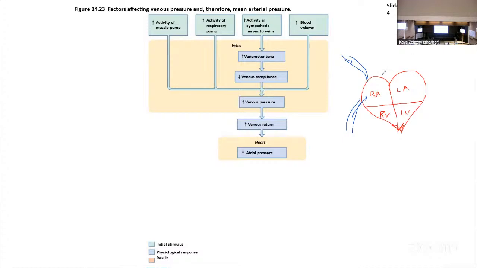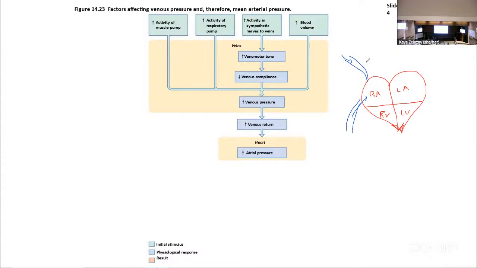Okay, so when we're thinking about why we care about this difference in venous pressure here, we know that flow is equivalent to a pressure difference divided by resistance, right? So if we increase a pressure difference, we're increasing flow.